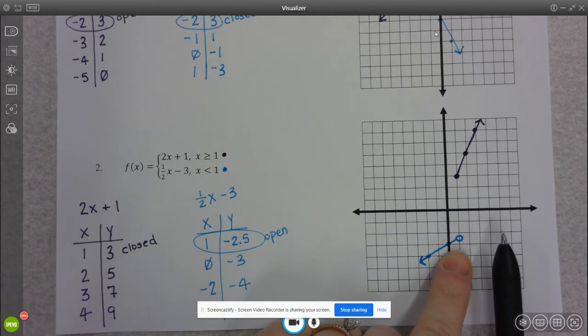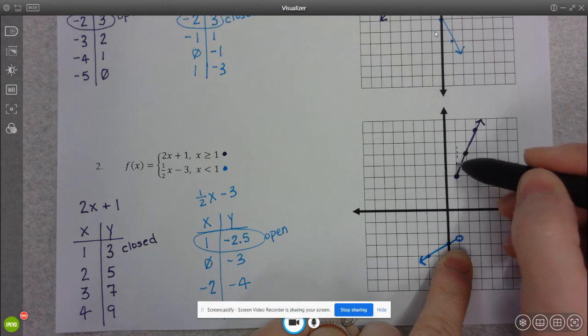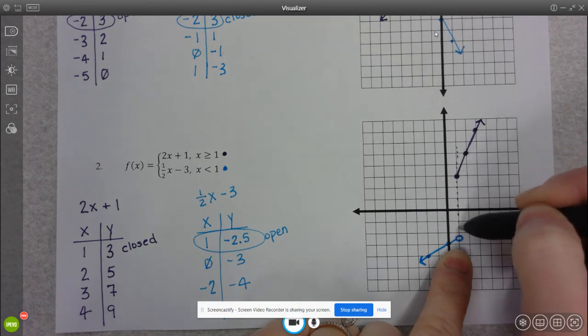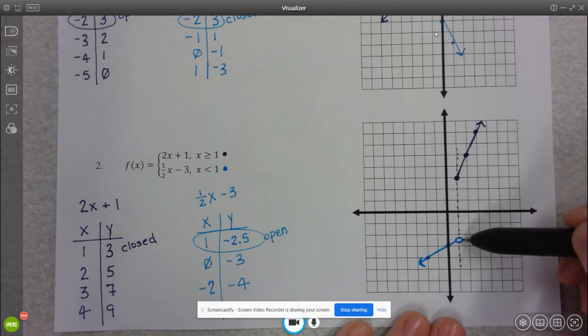But if you'll notice here at 1, if I draw an imaginary vertical line here, I have an open circle and a closed circle on the same x value. Since this is open, remember this point does not get included in my domain or my range.